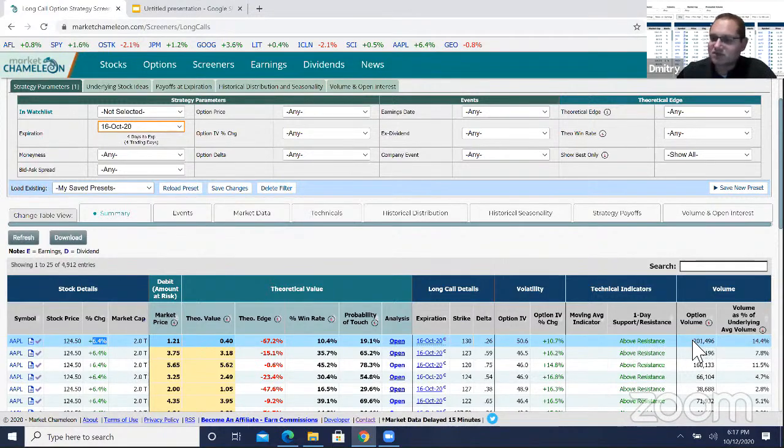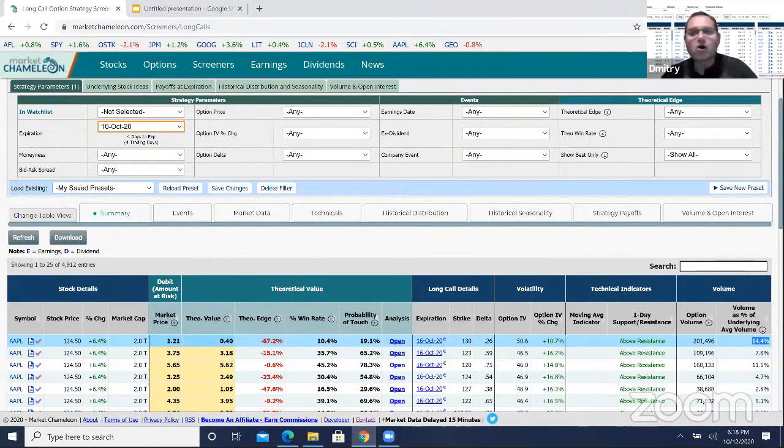This is the option volume today in Apple, in this option, the October 16th 130 call, and this is a relative volume. This is saying that today's option volume in this option represents 14.4% of the average daily option volume in aggregate.